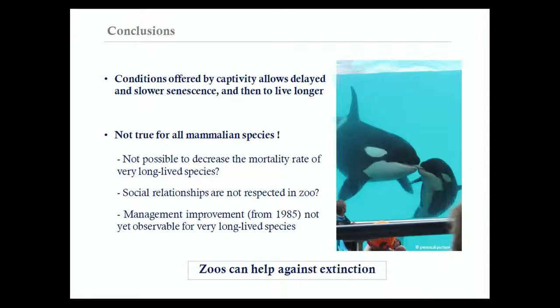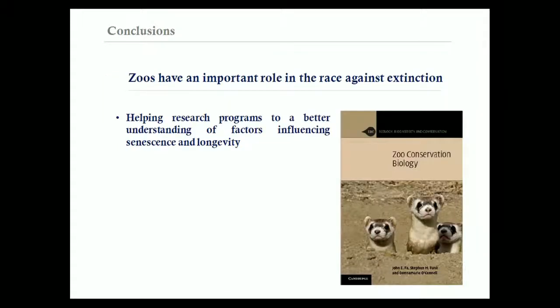So given the huge biodiversity loss observed, it's important to consider all possible tools to avoid reaching a point of no return concerning biodiversity. And zoos and aquariums can provide some help to reach this goal. They can help at different levels.